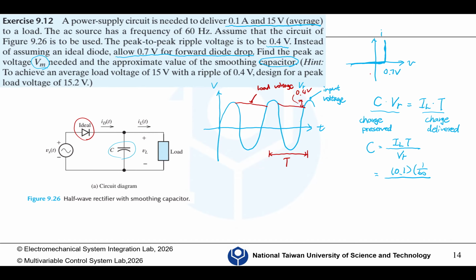So it will be 1 over 60 divided by 0.4, which is 0.004167 farads, which equals 4167 microfarads, where micro is 10 to the power of minus 6. So we got one answer.